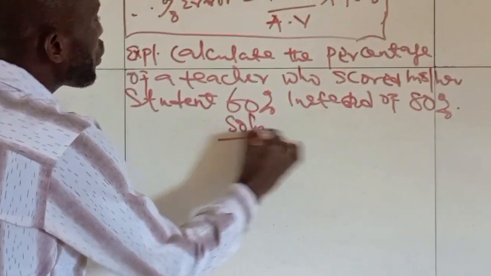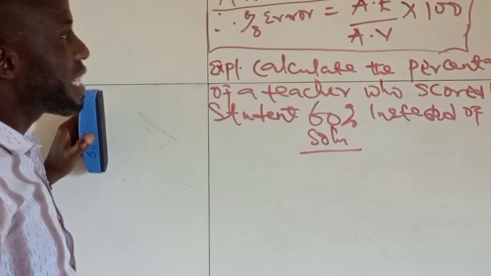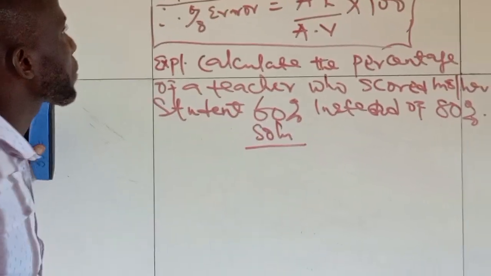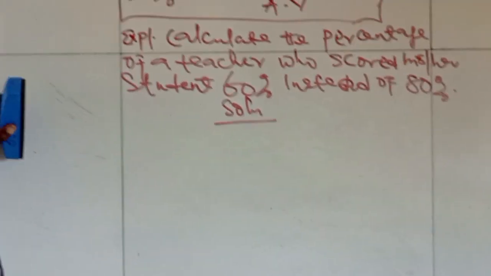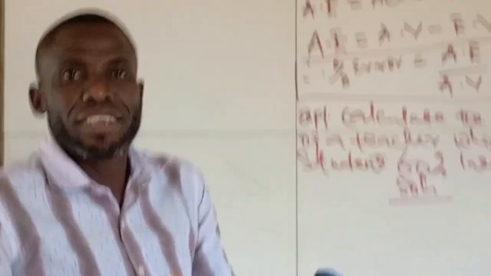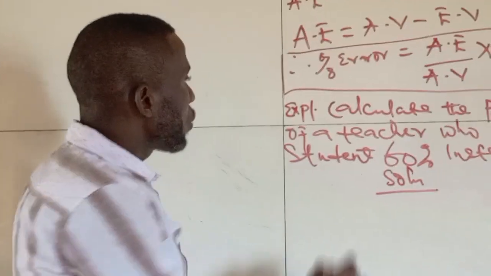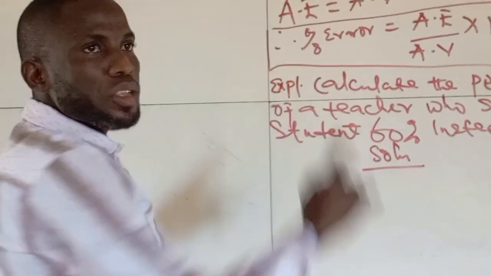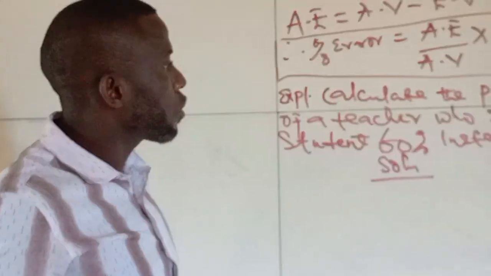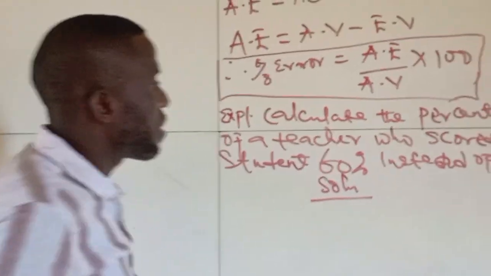Now, solution to this question: the first thing to do is to discover what we call the absolute error. The absolute error is the degree of measurement of accuracy of what the teacher needs to have done from the beginning. So, we cannot calculate our absolute error until we know the actual value and the estimated value.